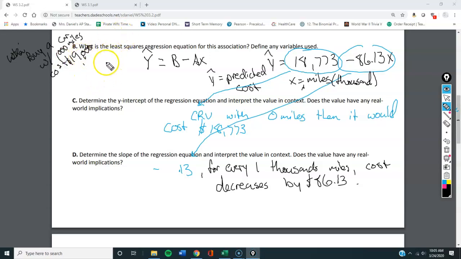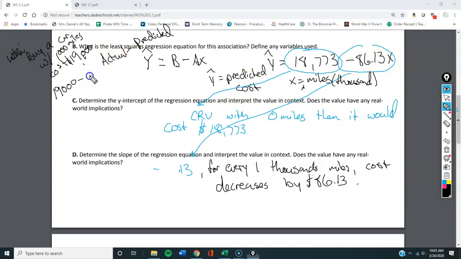So residual is actual minus predicted. For this one, my actual is 19 grand minus, I'd plug in 1,000 miles, so I'd plug 1 into the equation, right?